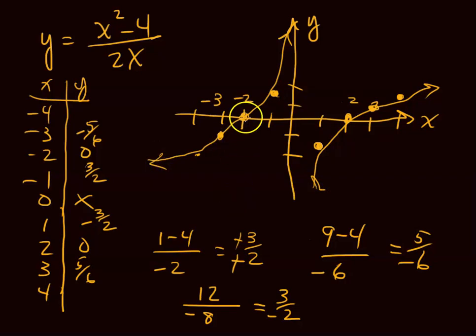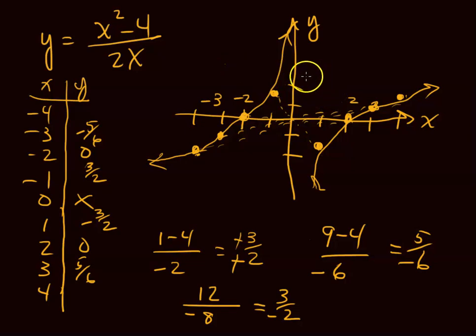So if we take a look at this and say, does this point have a mirror image? Looks like it might. This point, yeah. How about this point? Looks like it's that. And this one? So this has symmetry with respect to the origin. And that's what we had before.